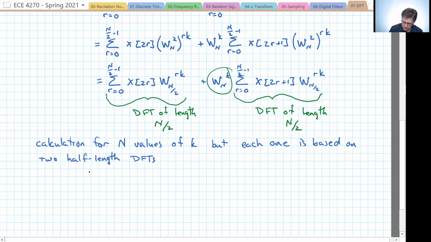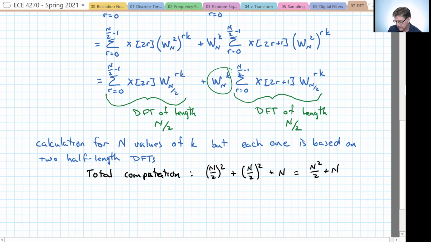So total computation in terms of multiplies is n over 2 squared multiplies plus n over 2 squared multiplies plus n multiplies for w to the k of n. That's not bad at all.